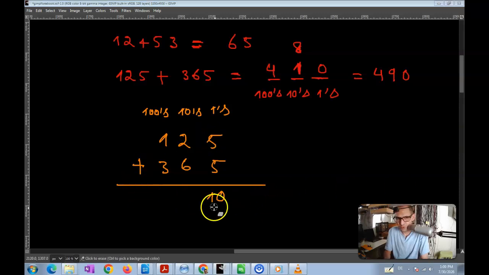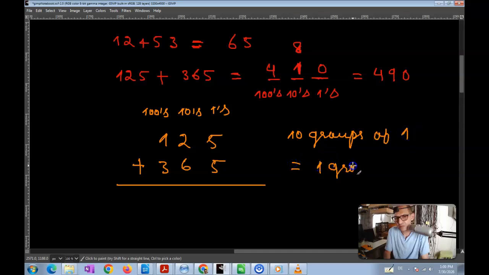So what I can do is, 10 groups of 1 is equal to 1 group of 10, right? 10 groups of 1, that would be 10 times 1 is a 10, and 1 group of 10 would be 1 times 10 is a 10, so it's the same thing, right?